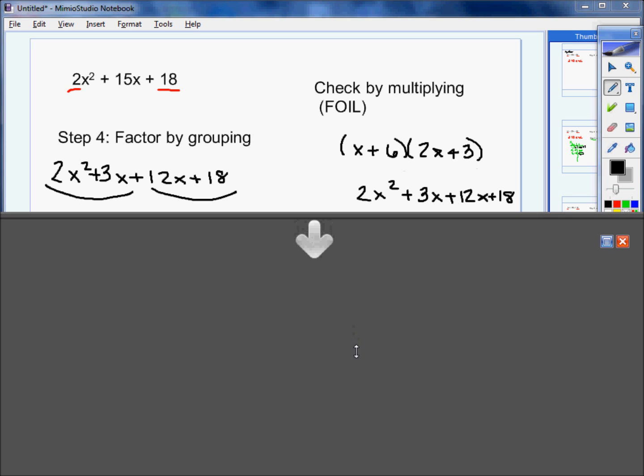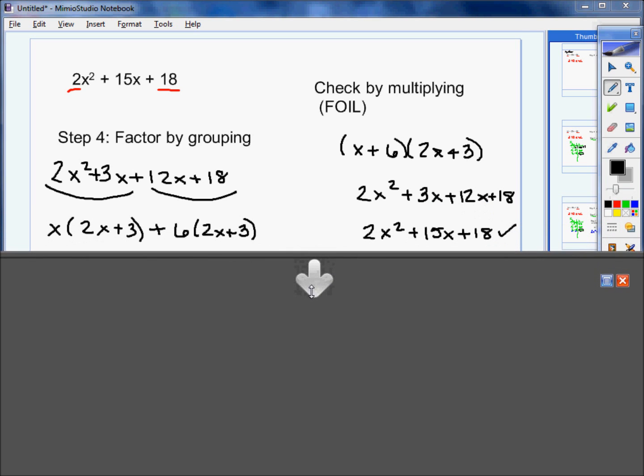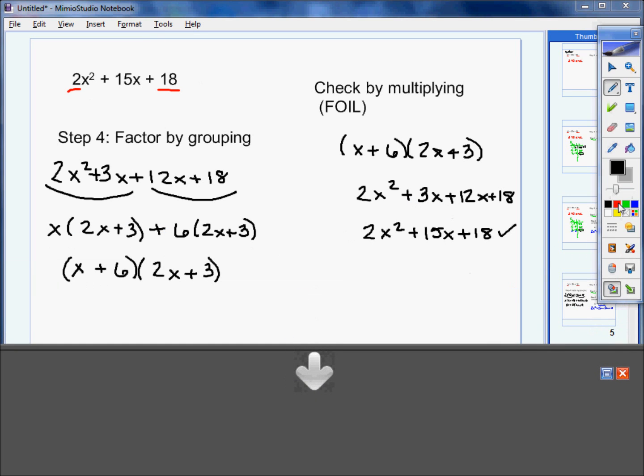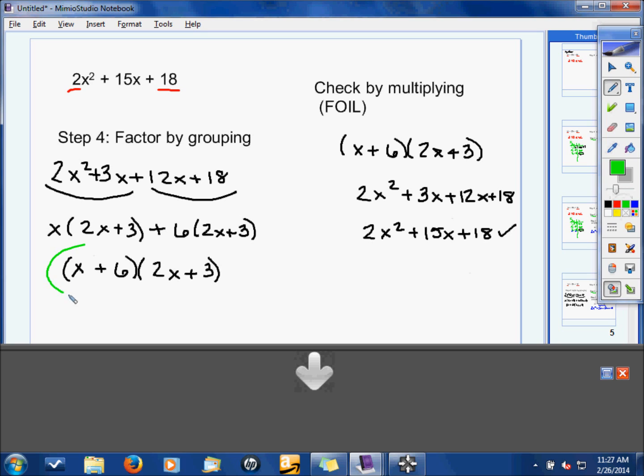There it is. Because you put the like terms together, and there's your 15x. It matches the original, so that must mean that we were right. So your answer is right here: x plus 6 times 2x plus 3.